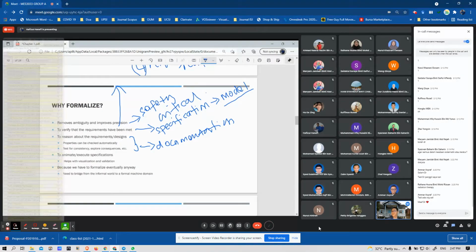Test for consistency and explore the consequences, after we have the documentation. And then to ensure quality is also important. Fourthly, to animate or execute the specification, to visualize and validate. Visualization is more on the graphical notation.